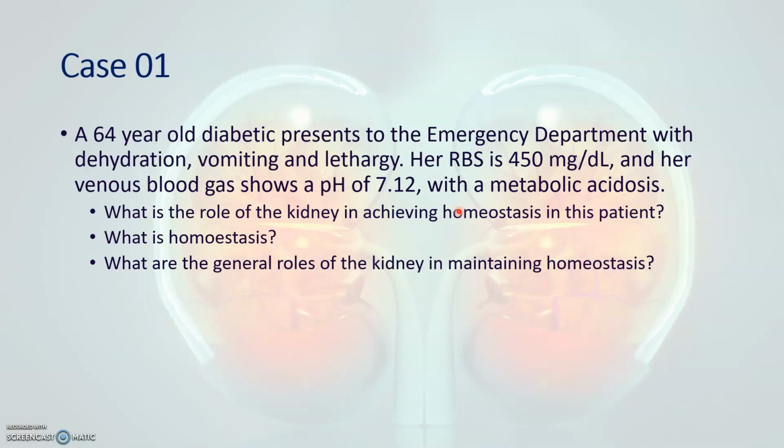So for one last time, let's go back to our diabetic patient. As we said, the diabetic patient has an enhanced reabsorption of glucose from the tubules, and also can promote a greater production of glucose through gluconeogenesis in the absence of insulin regulation.